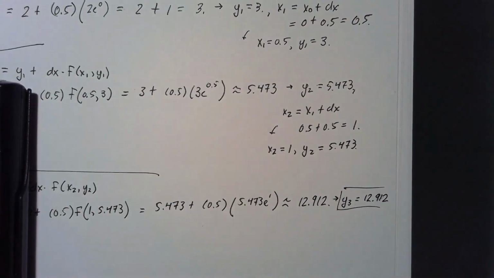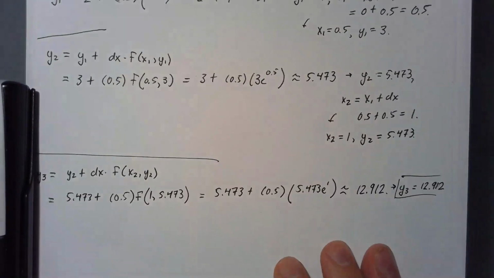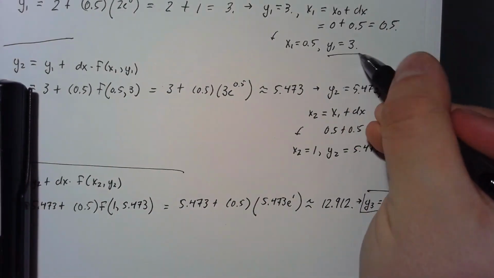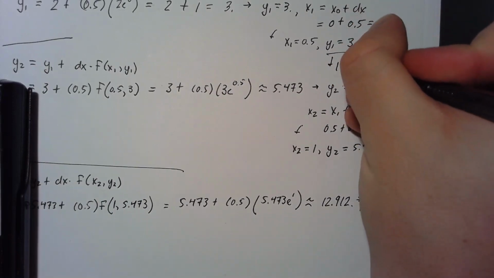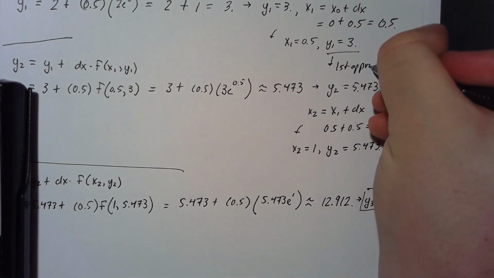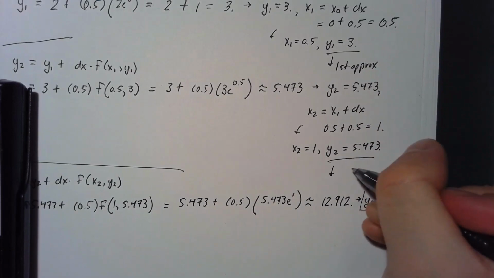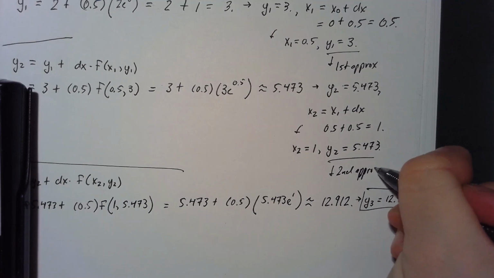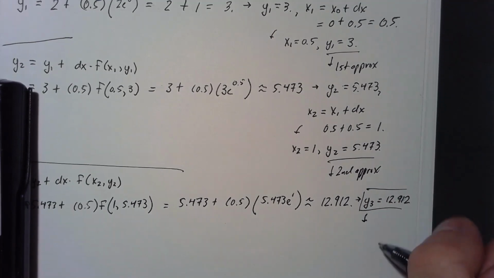And most of the differential equations we look at here are going to be good cases. So just to summarize this problem, this is the first approximation. This is the second approximation. And this is the third approximation.